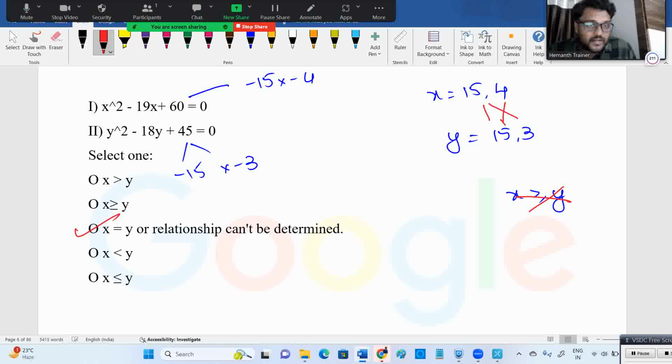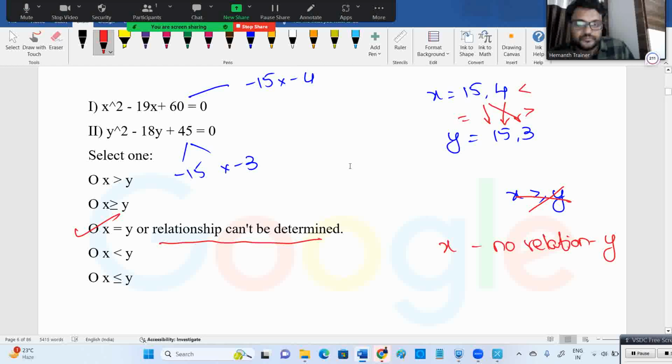So x greater than y, less than y, equal to y, all are there. This means the relationship cannot be determined. X and y have no fixed relationship. We cannot say the exact relation between x and y here.